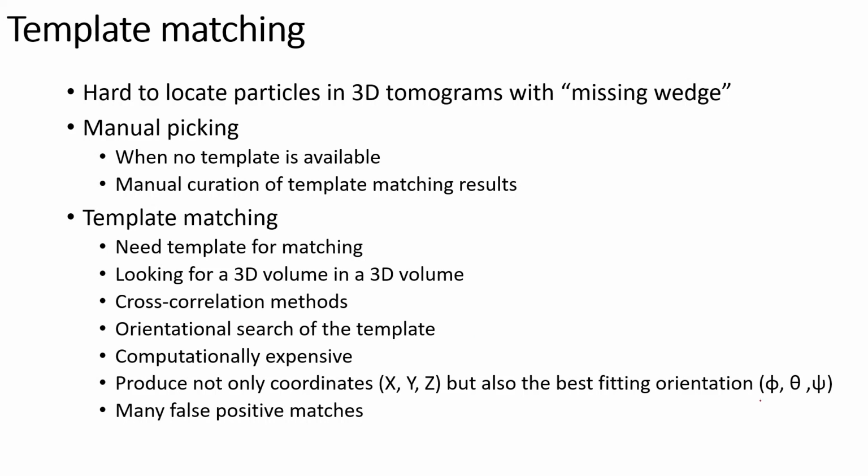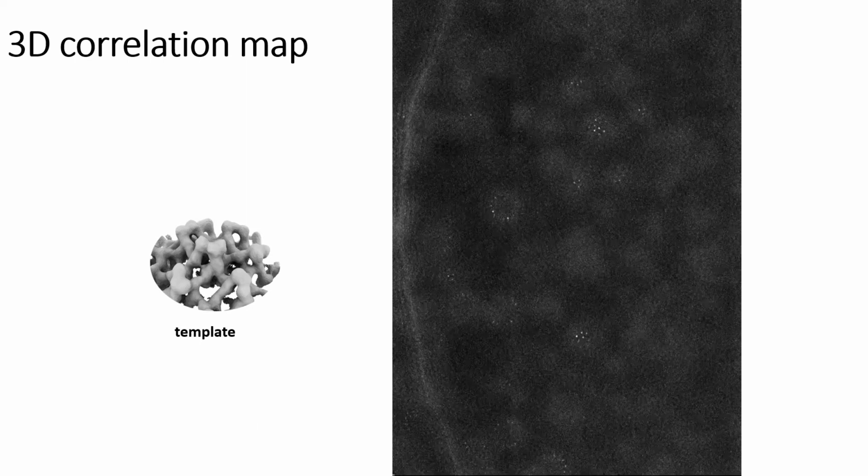For the best correlation, we know the coordinates x, y, z, and also the best fitting orientation. This then can serve us, for example, for generation of an initial model, which also for sub-tomogram averaging needs to be heavily low-pass filtered, not to be biased by the input that we put there.